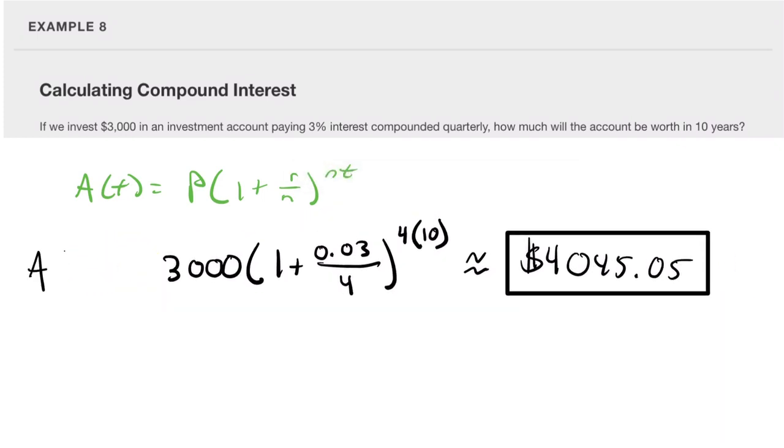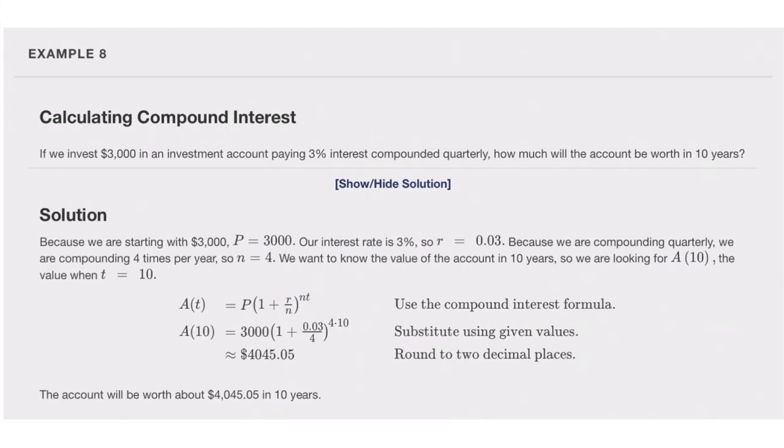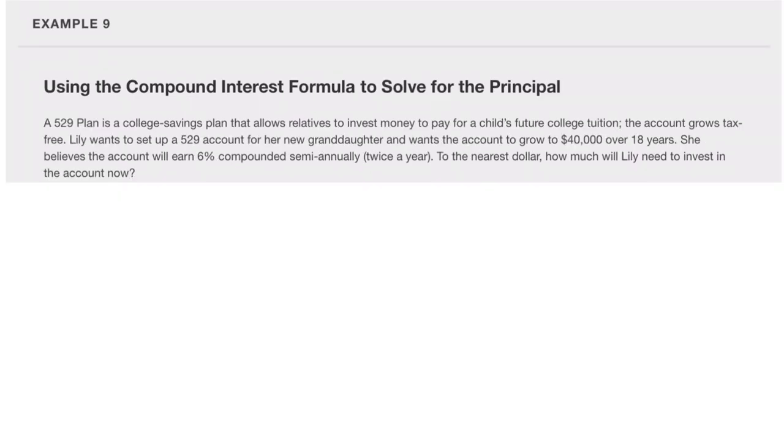This is the amount in the account after 10 years. Okay, this is exactly what we got. We're almost there. 3/4 of the way there.